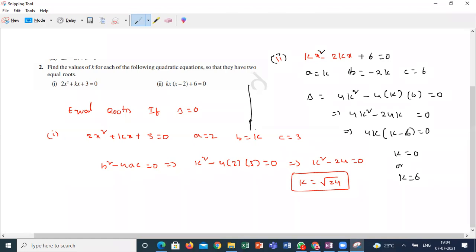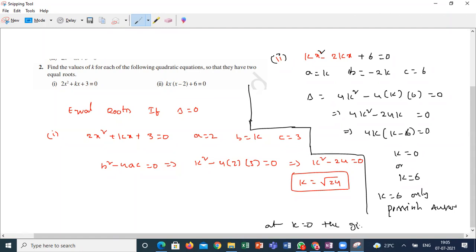If k is equal to 0, what will happen? The equation won't come as a quadratic equation. K is equal to 6 is the only possible answer. Sir, how is k 0? 4k is equal to 0 or k minus 6 is equal to 0.